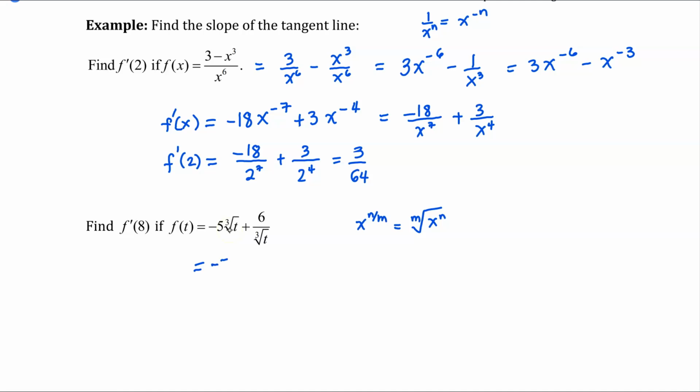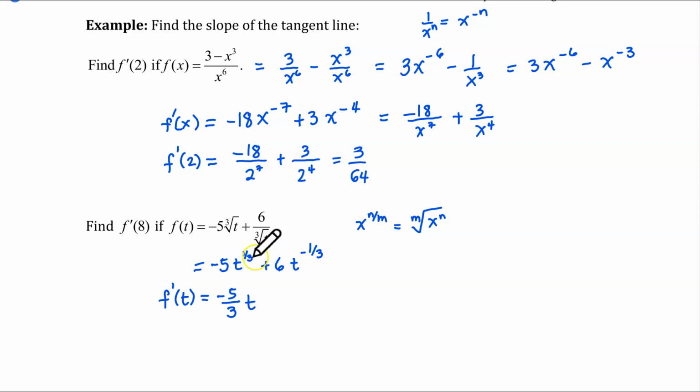So applying that to the first term becomes negative 5 t to the 1/3. And the second term here becomes positive 6 t to the negative 1/3. So now that we've written this in exponential form, we can proceed and find the derivative. The derivative of f with respect to t is equal to negative 5 times 1/3, which is negative 5 over 3, and copy t.